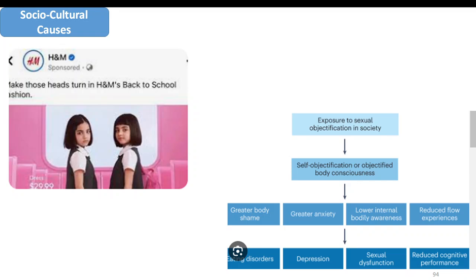Eating disorders, depression, sexual dysfunction, and reduced cognitive performance. You may not be able to think normally as you're designed to think, because of these unorthodox and socio-culturally induced pressures and stress on the individual.